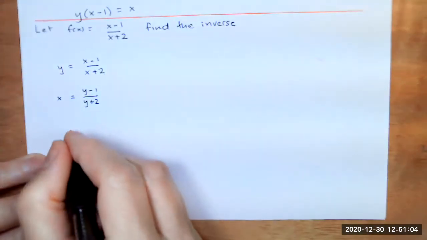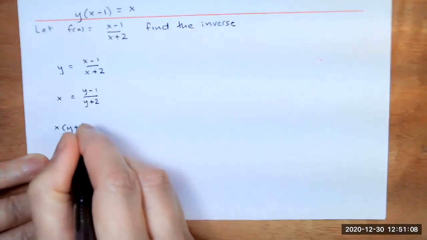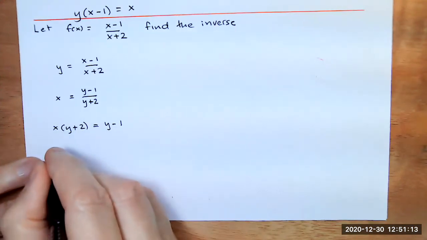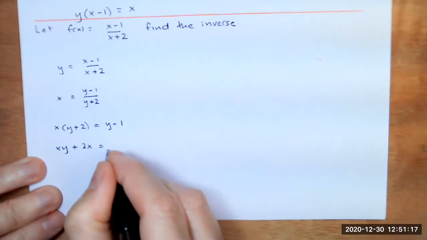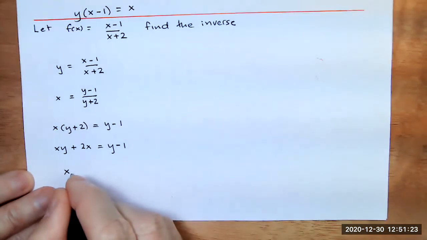Multiply both sides by y plus 2. Distribute. Collect all the y's on the same side.